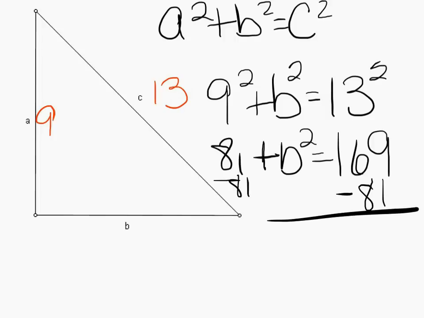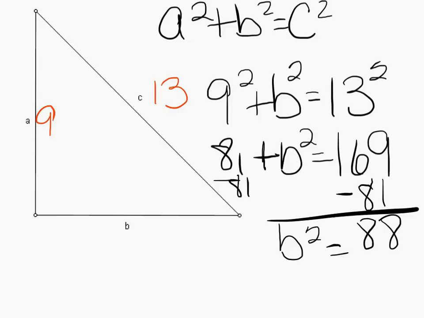And 81 minus 81 is 0. We don't need to write that. So we're left with b squared equals 169 minus 81, which is 88. Took me a second to think about it. So our b squared is 88.